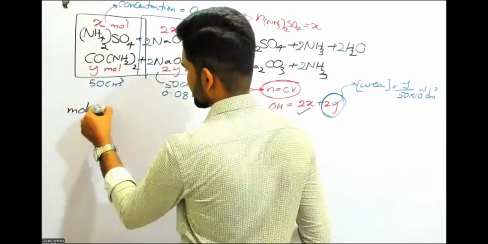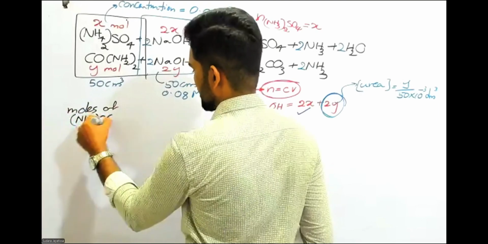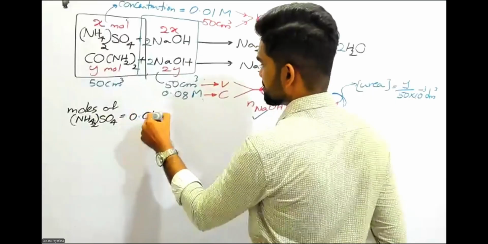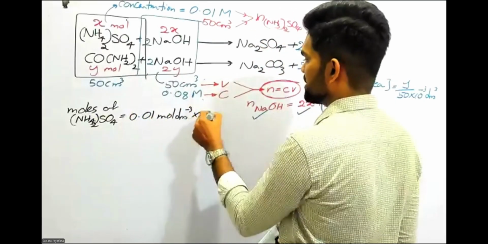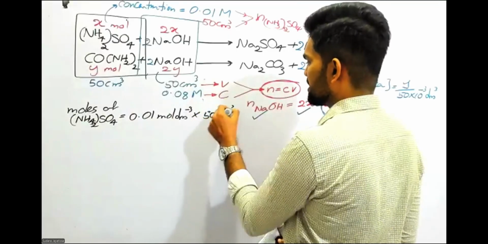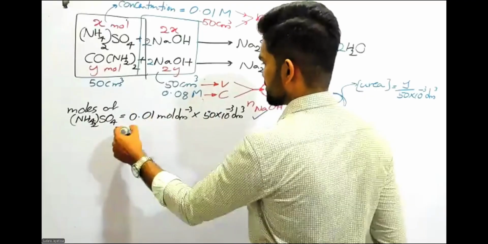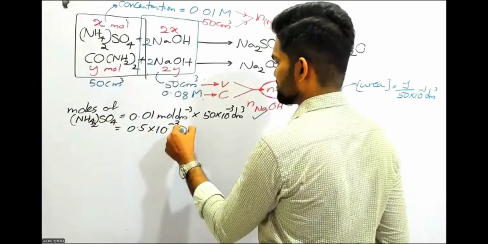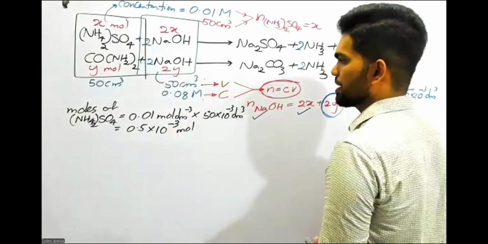Moles of ammonium sulfate. Ammonium sulfate moles. So we have the concentration 0.01 and multiply by the volume 50 into 10 to the power minus 3 decimeter cube. So 0.5 into 10 to the power minus 3. That is the number of moles of ammonium sulfate. Okay.